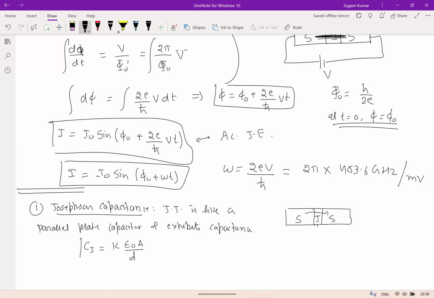This is the way we calculate the capacitance, where A is the area, d is the junction thickness, and K is the dielectric constant of alumina.